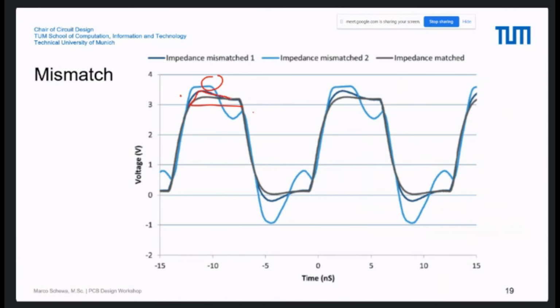So you have a small overshoot, and if you're perfectly matched, then your signal looks like here. So perfect matching. And with mismatches, you can see why it's very important. If you have an overshoot or an undershoot, you can go lower than the threshold and you can lose some bits. And of course here also.